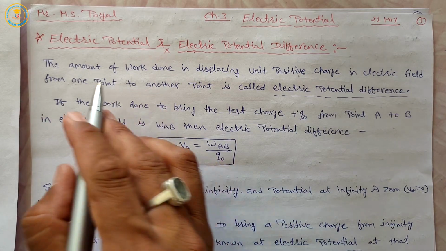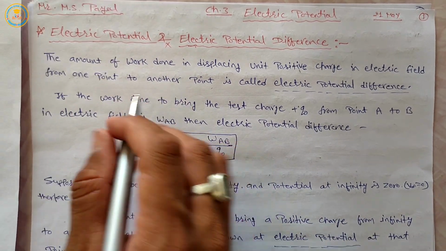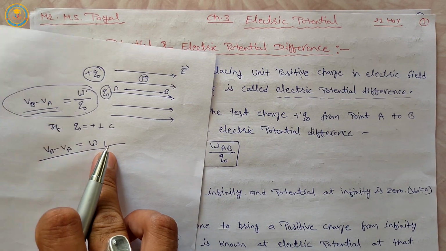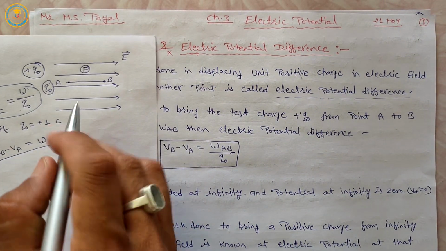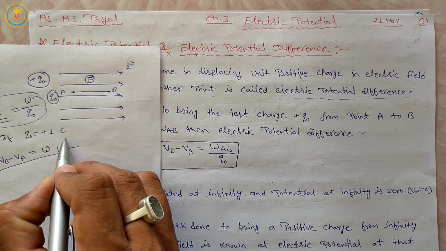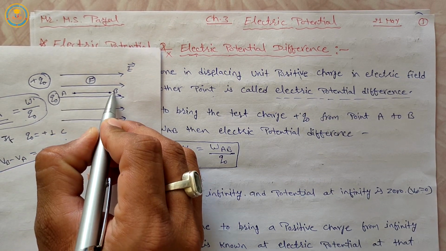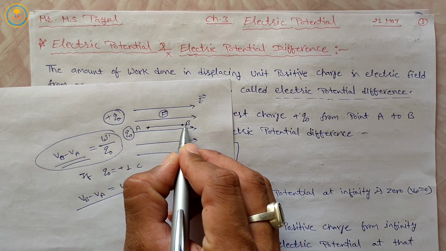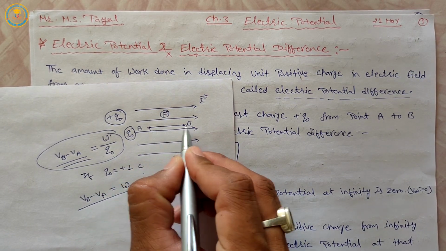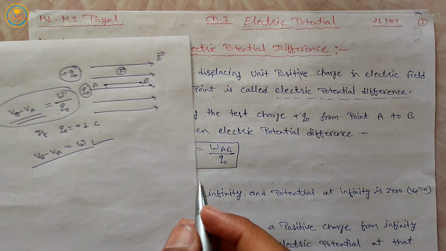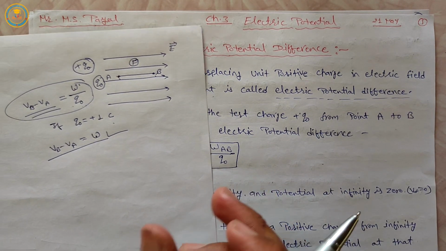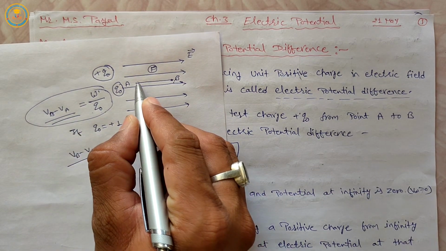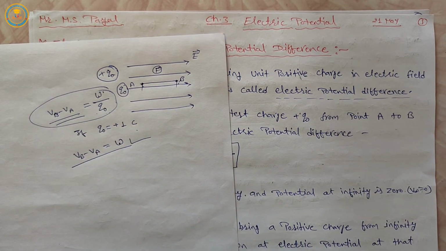I repeat, the amount of work done in displacing a unit positive charge in an electric field from one point to another point is equal to the electric potential difference between those points.